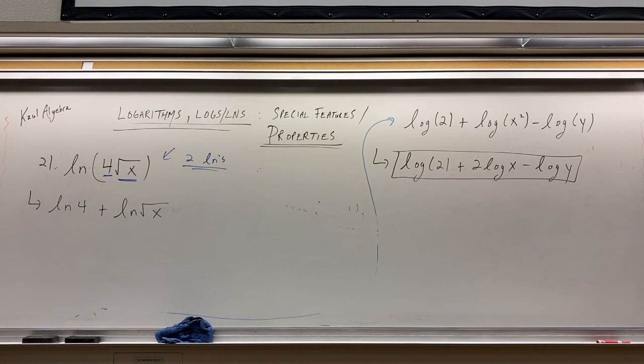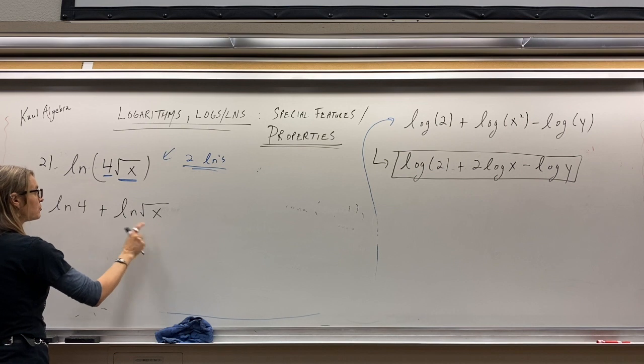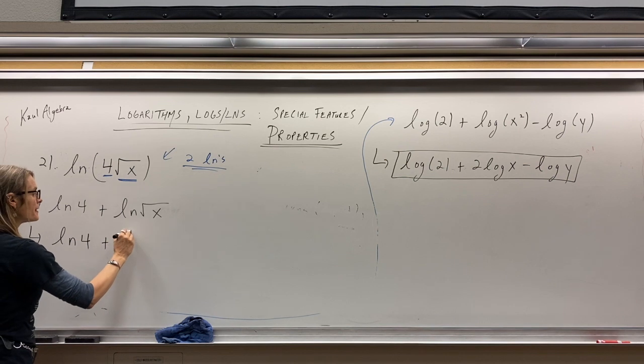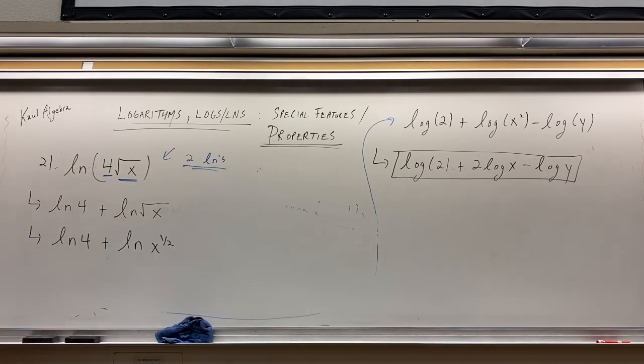Next step, I want to apply any other power rules or do any other expanding that I need to. Here I notice I have a square root, and we know from our studies of roots and radicals that the square root is the same as to the 1/2 power.